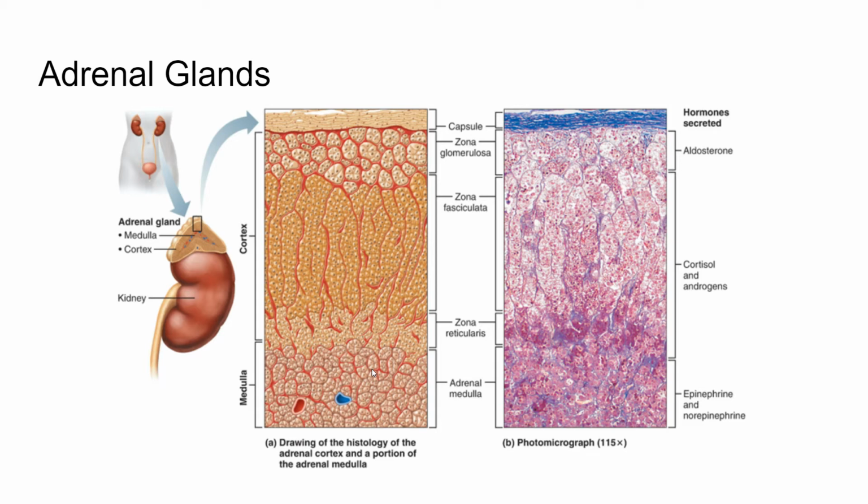These areas of the adrenal gland produce 24 different hormones, and these are collectively called corticosteroids, which was a word that was introduced in the last video. We're not going to go into all the different corticosteroids that are out there.